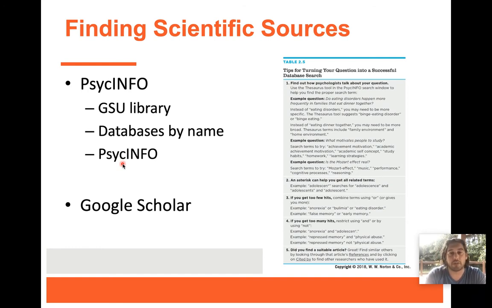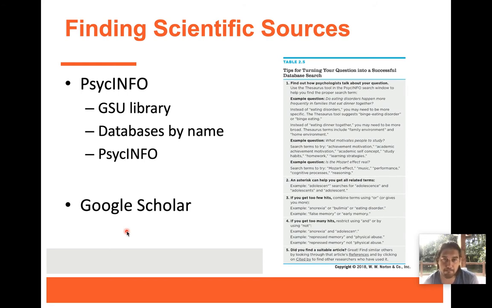But not all research is funded by tax dollars and government grants. Some of it's private grants. And so some of that stuff is behind paywalls. One way to get around that, and one really good alternative for searching for these scientific sources, is Google Scholar. If you just Google Scholar, what will come up is a sort of special search engine that's within the Google system.